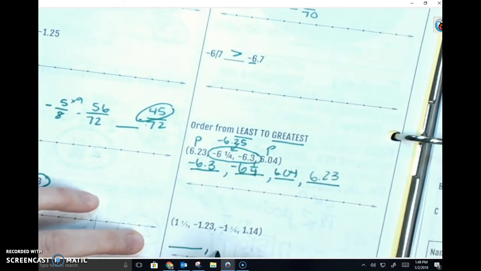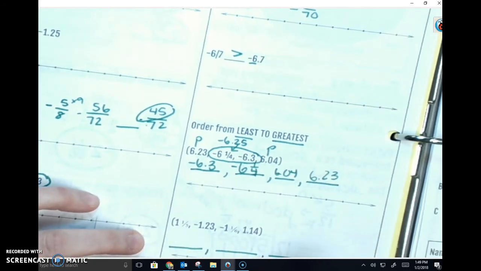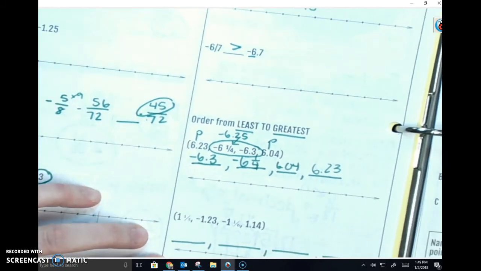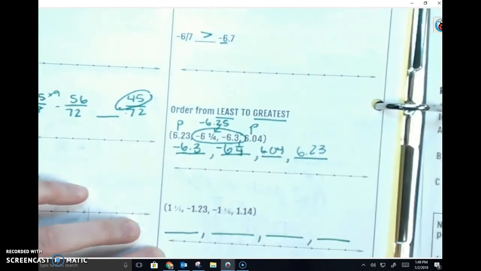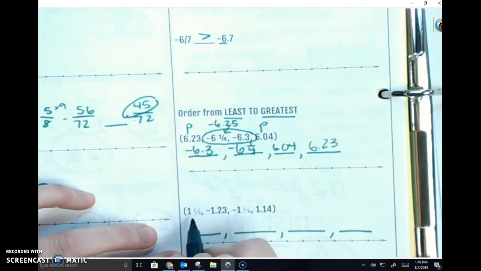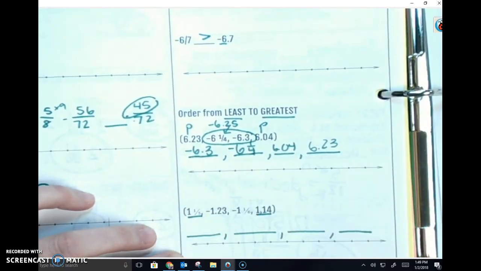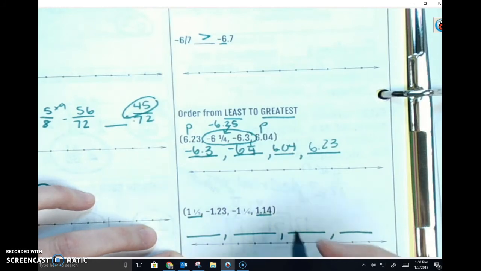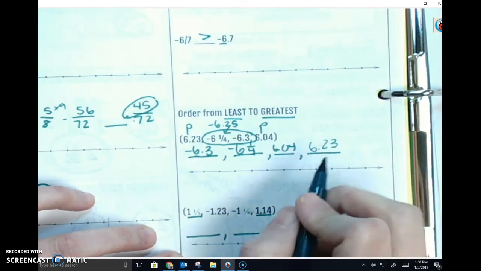I'm going to draw my 4 blanks. Ooh, drew a little big on this one. I'm going to look at my positive numbers first, because I find this to be easier. I have this guy and this guy. I need to change them either both to fractions or to decimals. I'm going to change them into fractions.